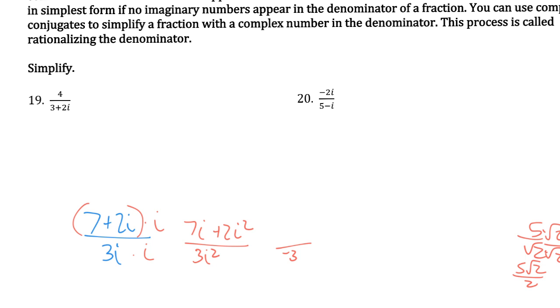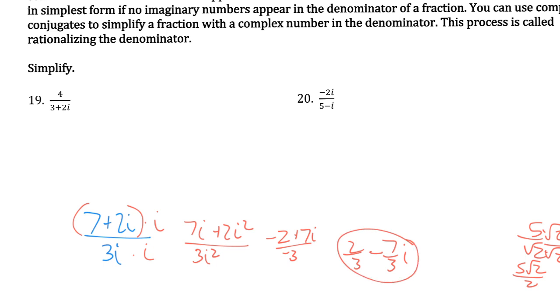Your numerator would be 2i squared, which is negative 2, and then plus 7i. Now, real and imaginary numbers like to be distinct fractions, so break that up into 2 different fractions. You'd get 2 over negative 3, which is negative 2/3, and then 7i over negative 3, which would be minus 7 over 3 i. So that would be your answer to rationalize that question.